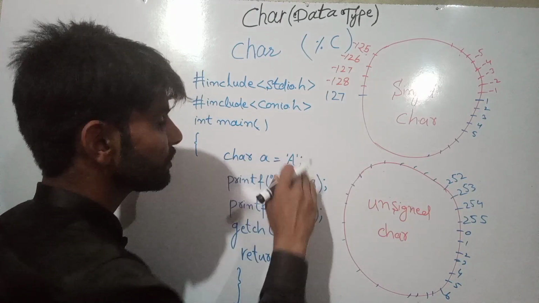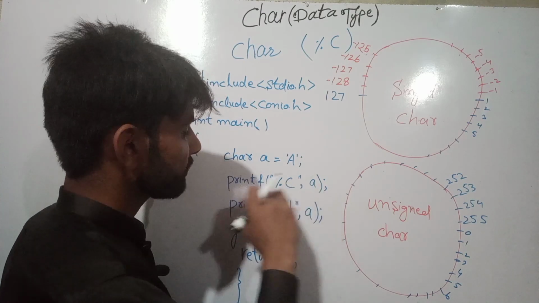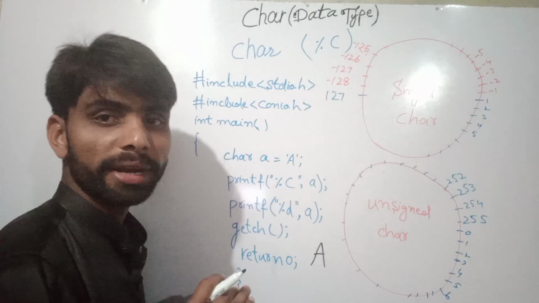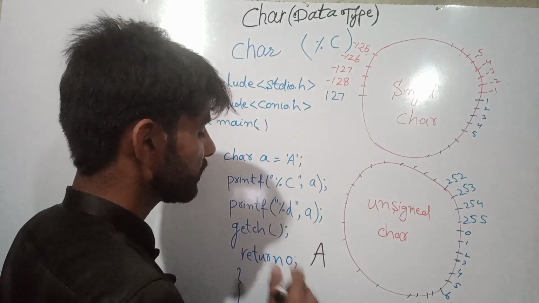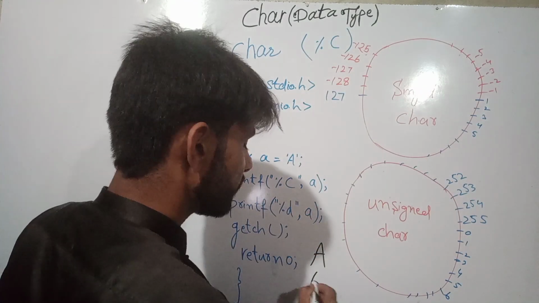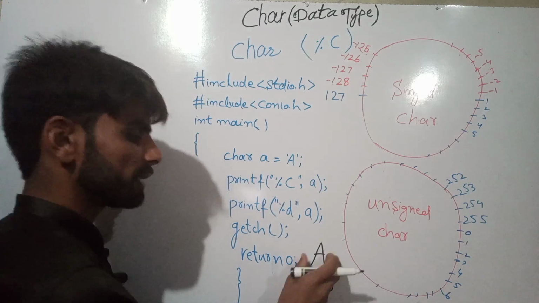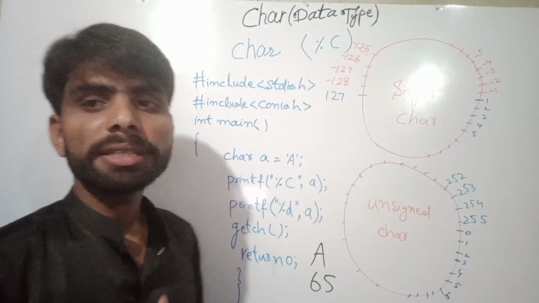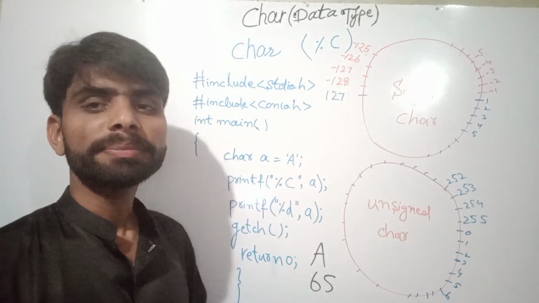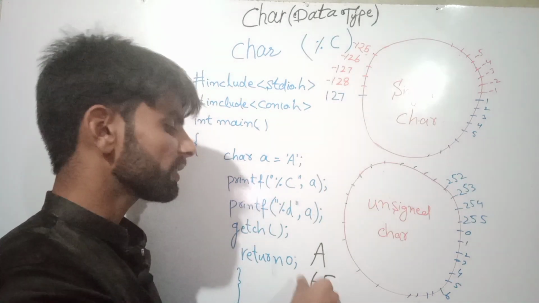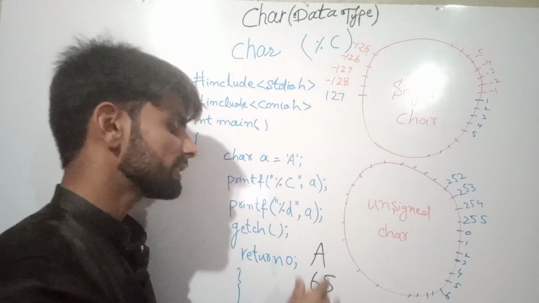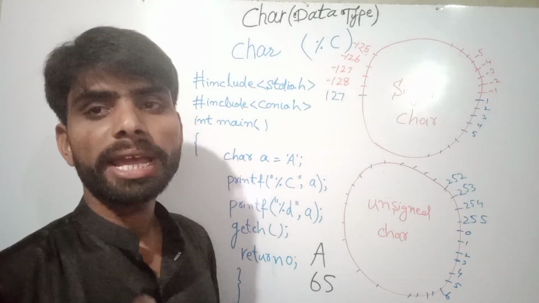So when this line statement is executed, it is printed on the screen, right? And here what will be printed on the screen? 65, that is the ASCII value corresponding to that alphabet, right? In this video, we will see how this ASCII value is converted into binary form, and then we will see the alphabet characters of our language.